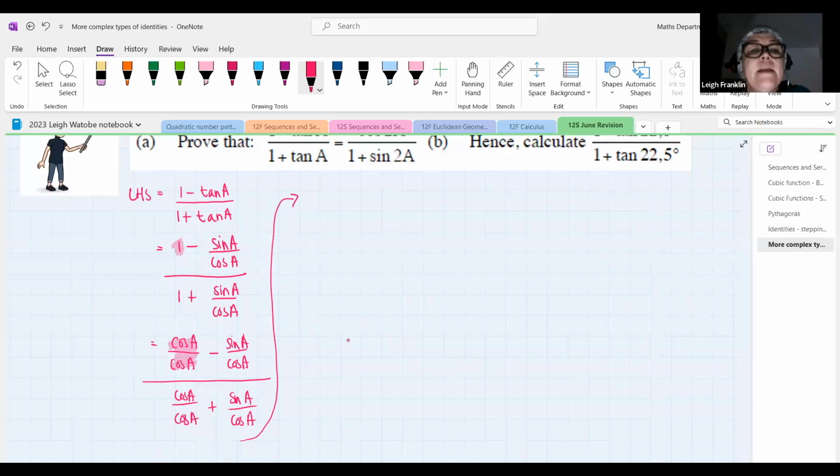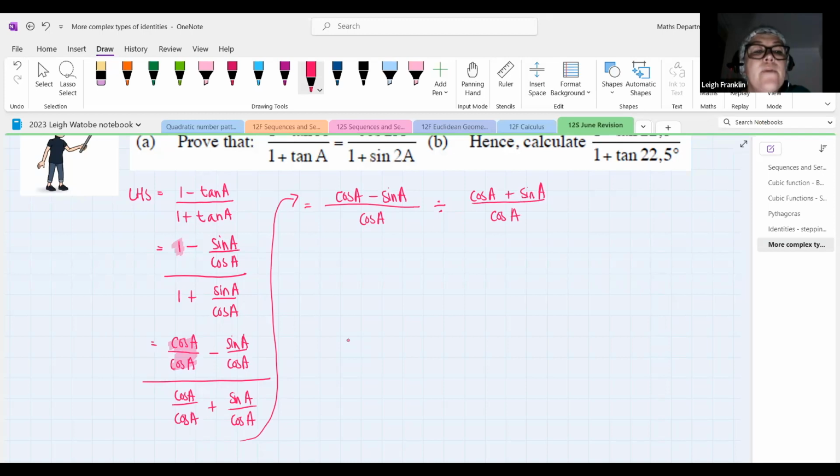So that means in our numerator, we have cos A minus sine A over cos A, all over, divided by cos A plus sine A, all over cos A. Now you are dividing fractions.